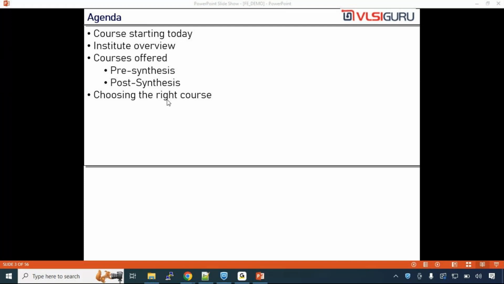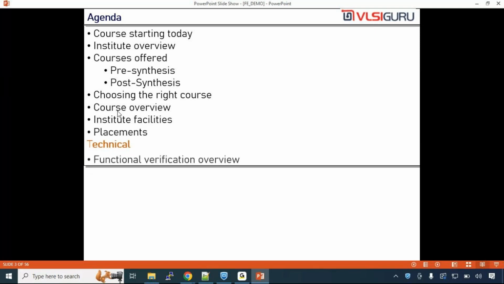Each domain in itself has subdomains. So we'll understand how to choose the right course. Then the course overview for different courses. Then the institute facilities and the placements, and a little bit into the technical aspects of functional verification.